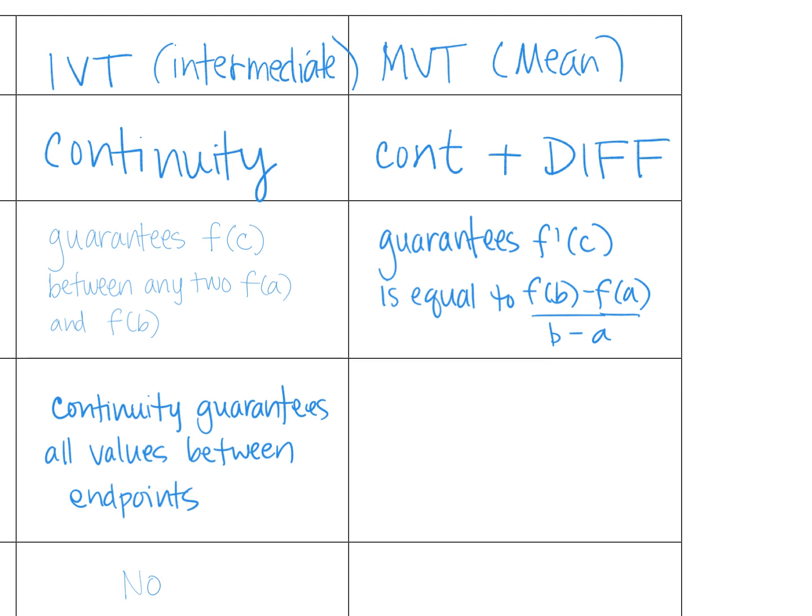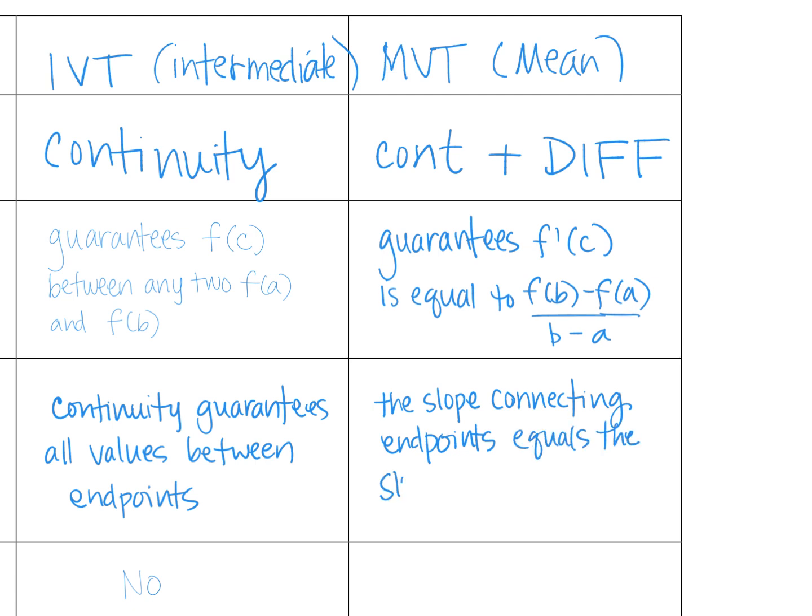What it guarantees is that the slope connecting the endpoints equals the slope of a tangent line.